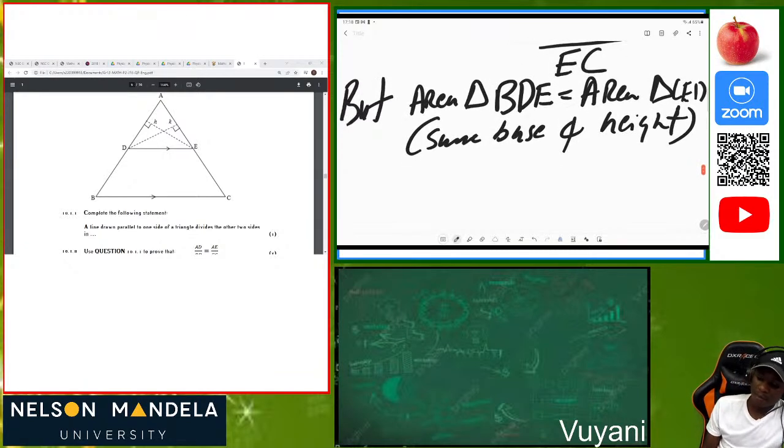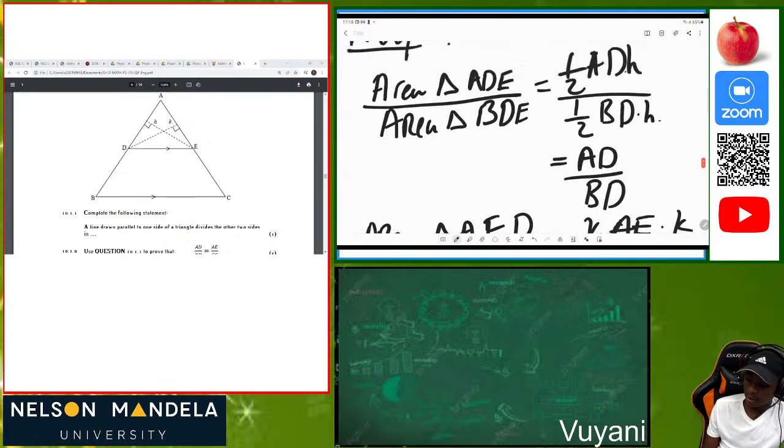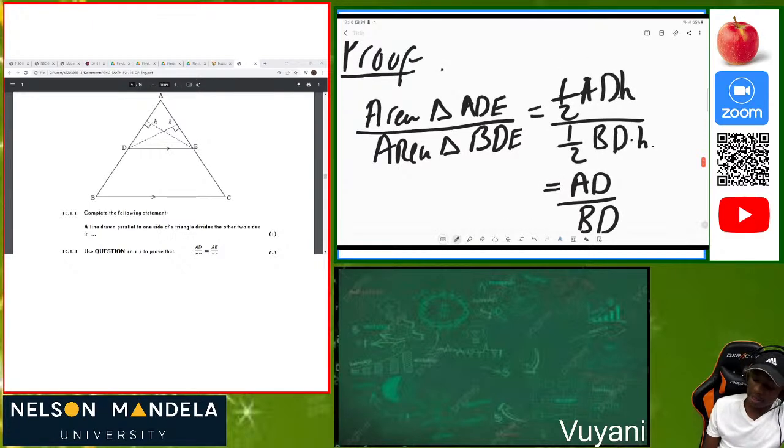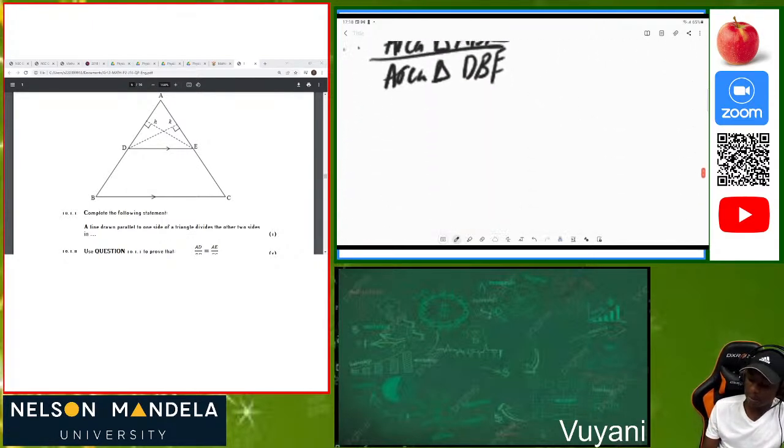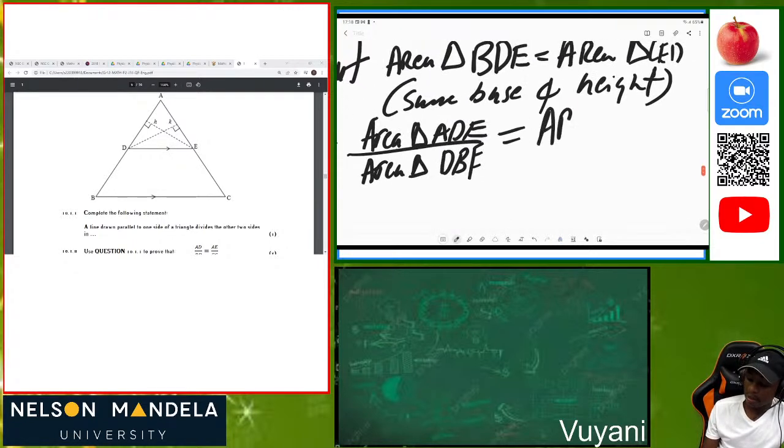So now we can conclude that the area of triangle ADE over the area of triangle BDE is equivalent to the area of triangle AED over the area of the other triangle, ECD. Just double checking: area of triangle ADE and area of triangle BDE, yes, it's the same thing.